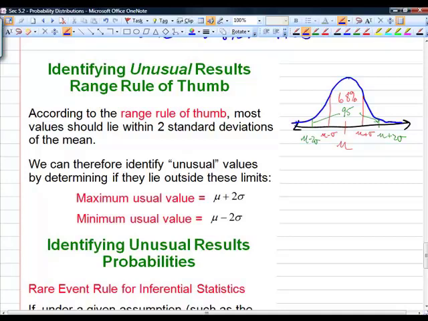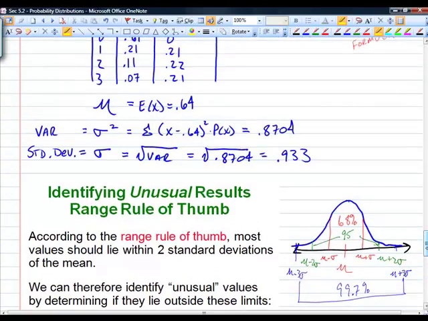And then if we go out 3 standard deviations, we're at the mean minus 3 standard deviations and the mean plus 3 standard deviations. That ends up being 99.7. But all it takes to be considered unusual is for this to go out 2 standard deviations from the mean. So if anything's more than 2 standard deviations from the mean, we would consider that to be unusual.